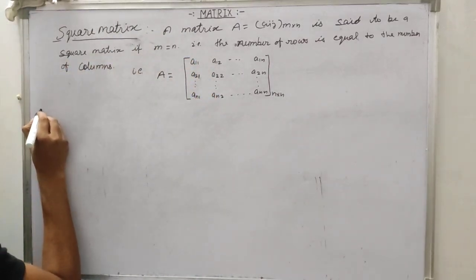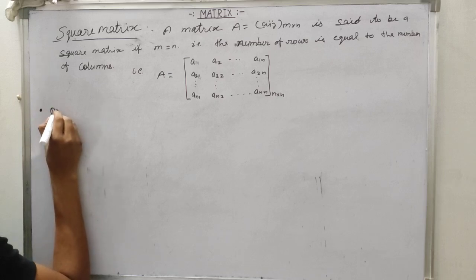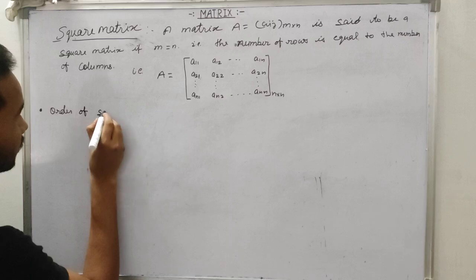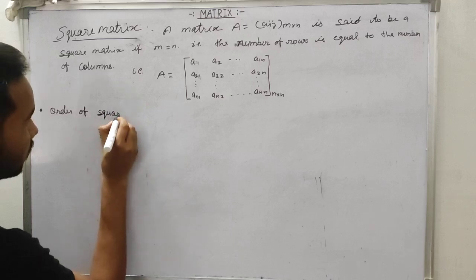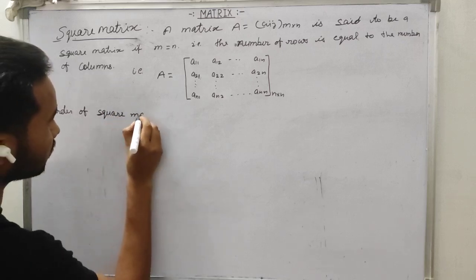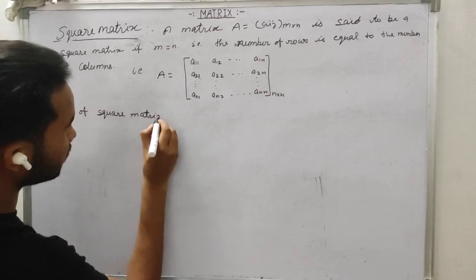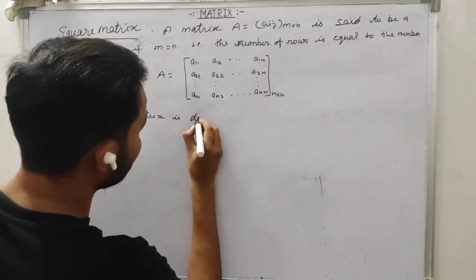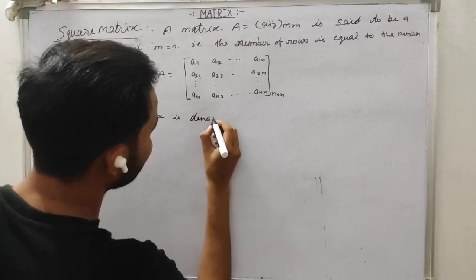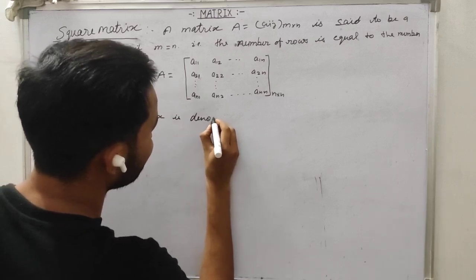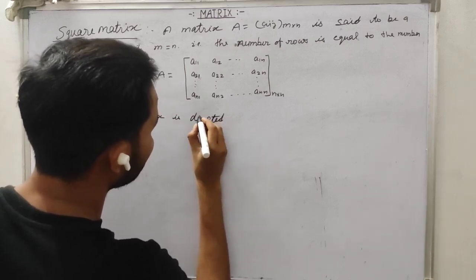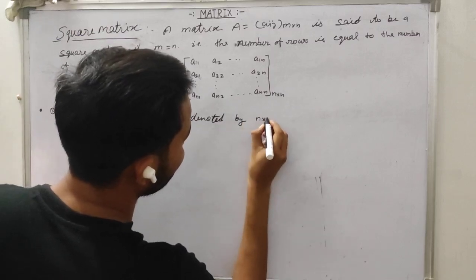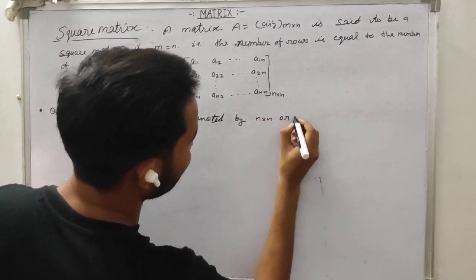Point is that the order of a square matrix is denoted by n cross n or n.